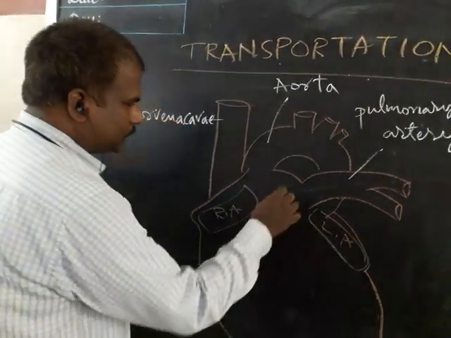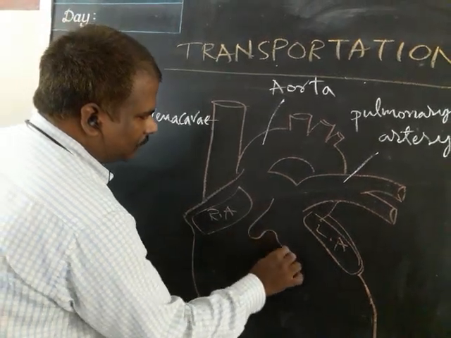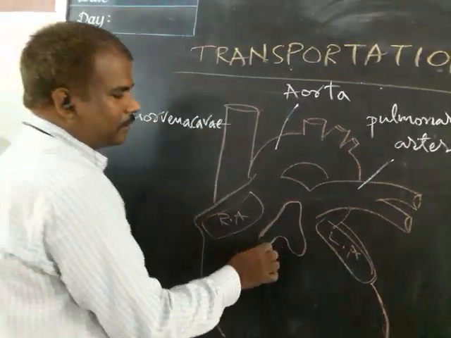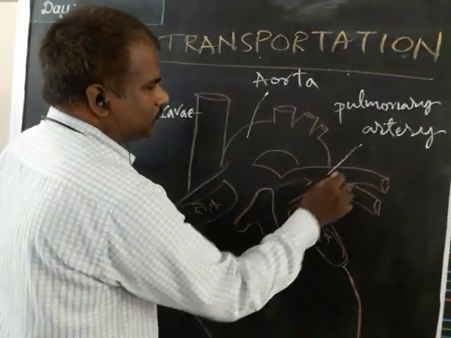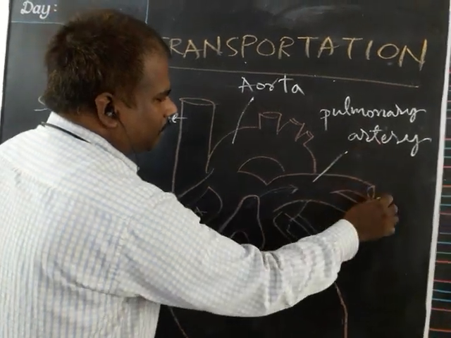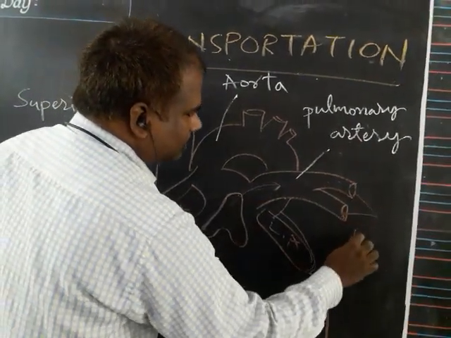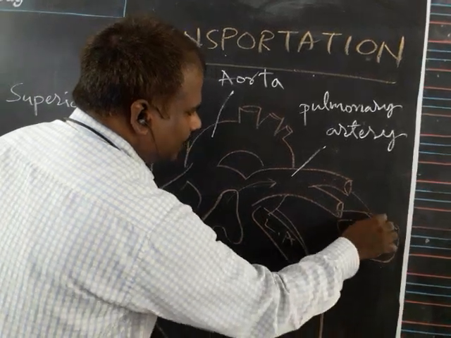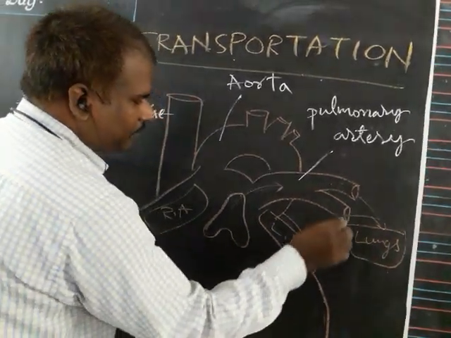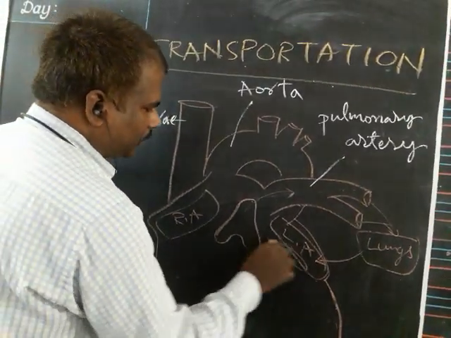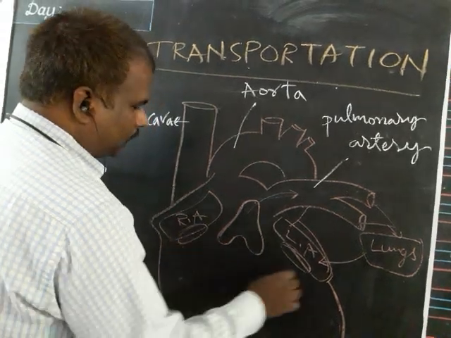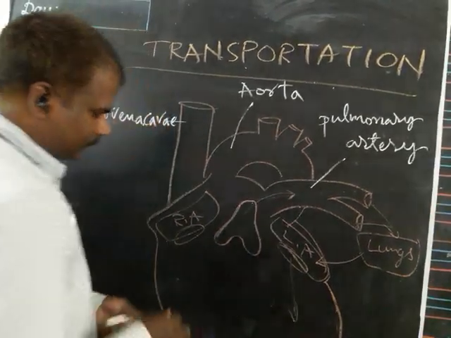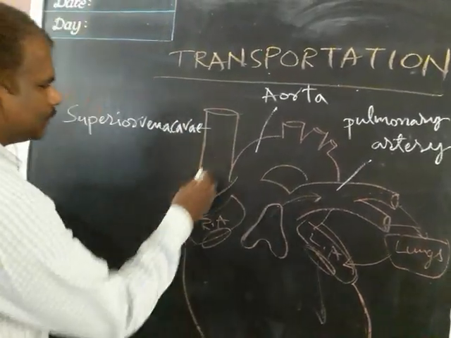Here one more, the pulmonary aorta. The blood is pumped to the pulmonary artery, and the pulmonary artery gives it to the lungs. After purification, blood moves to the left auricle, and from the left auricle to the left ventricle. You can understand here.